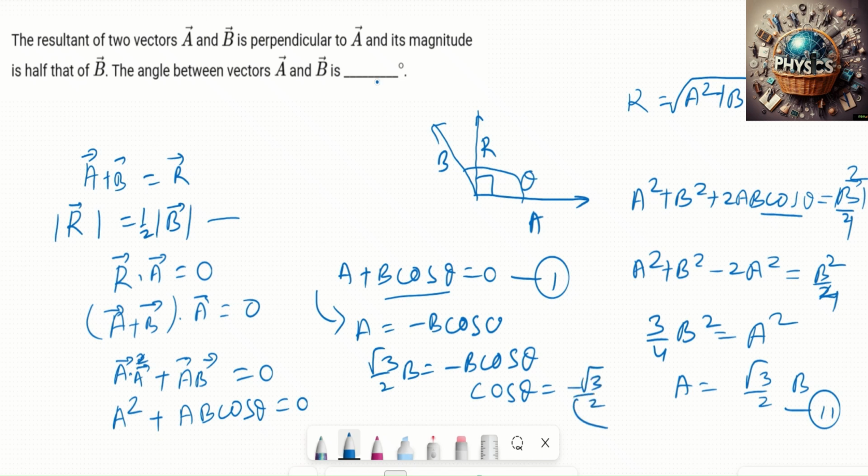So from here we will get the value of theta. For root 3 by 2, when it is positive, it is 30 degree. So it should be 90 plus 60, so around 150 degree. That's the answer.